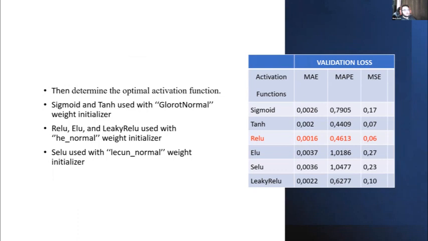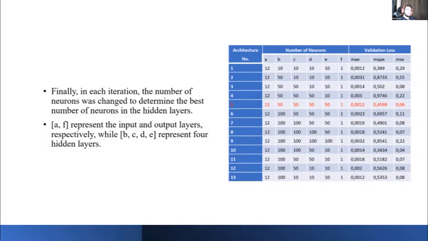Then ReLU was the best for that model. Finally, I decided the number of neurons in hidden layers. 15 neurons in each layer was best for that model.